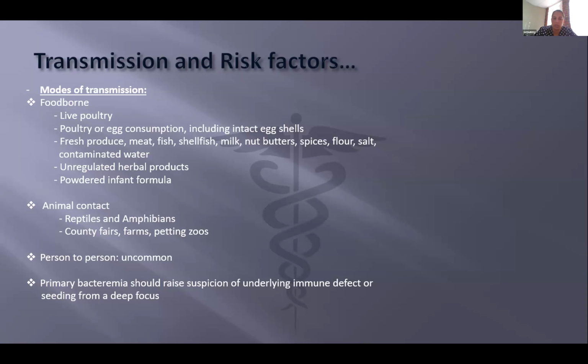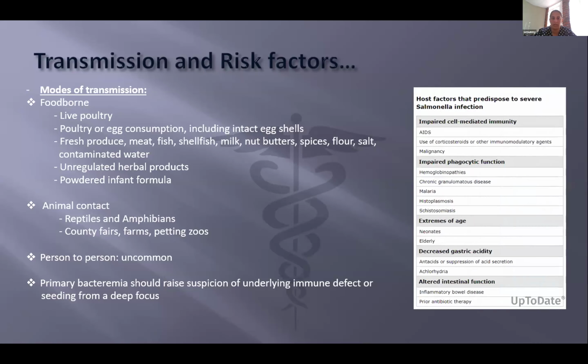Person-to-person transmission is really uncommon as compared to enteric fever, where it is the mode of transmission. And like I said before, primary bacteremia should always raise the suspicion of an underlying immune defect or seeding from a deep focus. So really, it's not just not eating salmon. Everything and anything can give you non-typhoidal Salmonella.